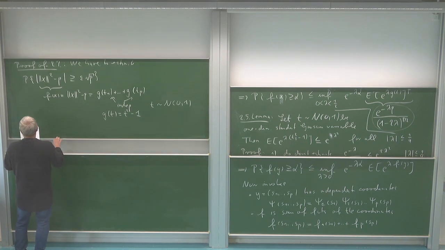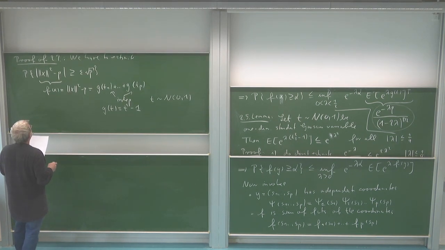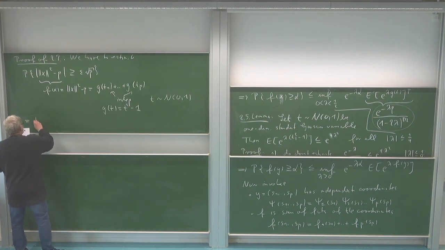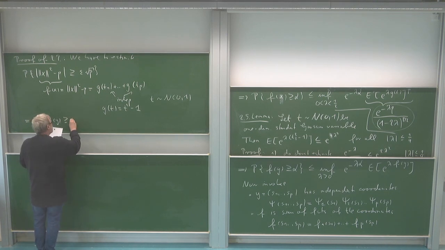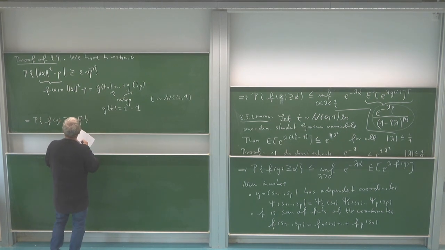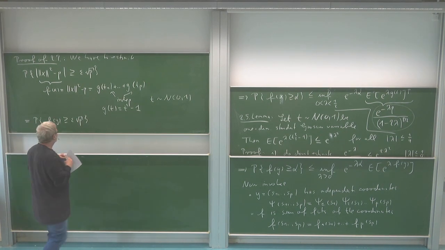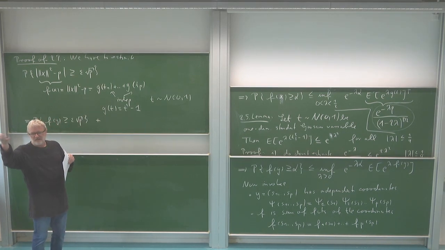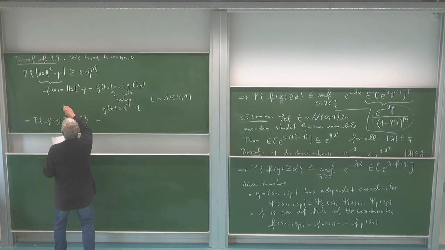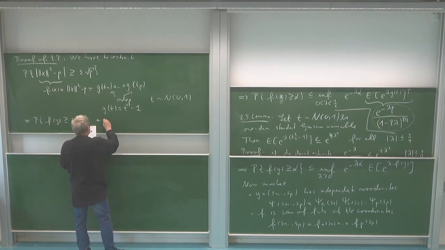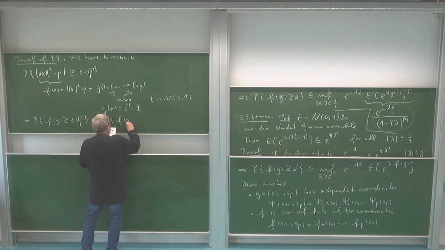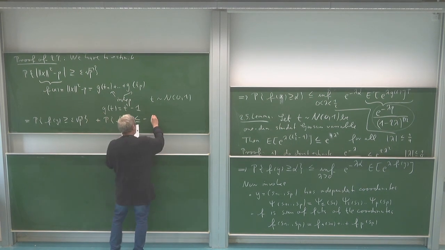So the fact that the norm of f is bigger than this is the same as that either f of y is bigger than this guy without the norm, or that f of y is smaller than the negative of this guy. And those are events which are exclusive. So f of y can only be bigger than the plus side, or it can be smaller than this. So the probabilities of this just add up, plus the probability that f of y is less than minus epsilon square root of p.